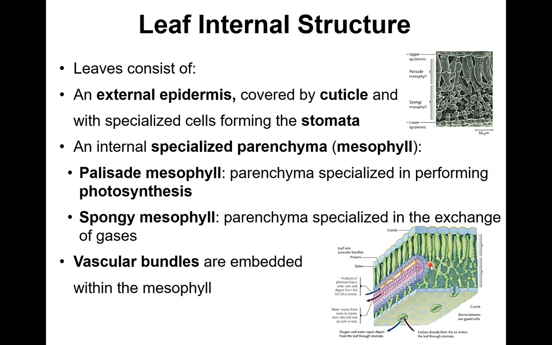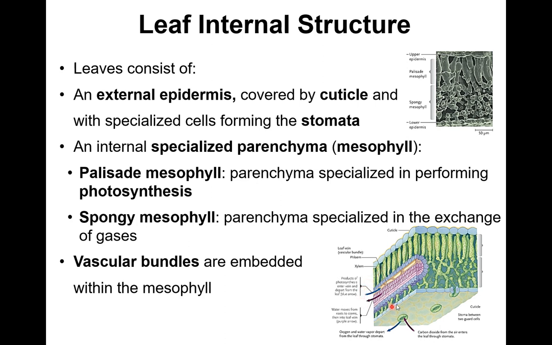Whereas the second type of mesophyll, which is referred to as the spongy mesophyll, the name says it all: the cells are not tightly connected with each other or packed together, but they have a lot of room in between them. And the reason is that the spongy mesophyll, which again is still a certain type of parenchyma, so ground tissue, is specialized in moving the gases in and out, exchanging the gas, allowing the gas to come in or be released.